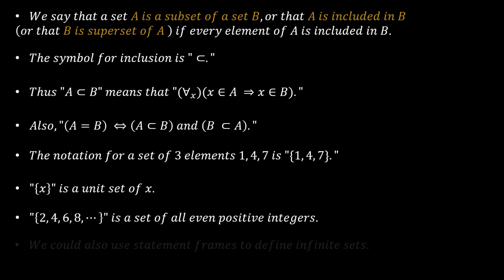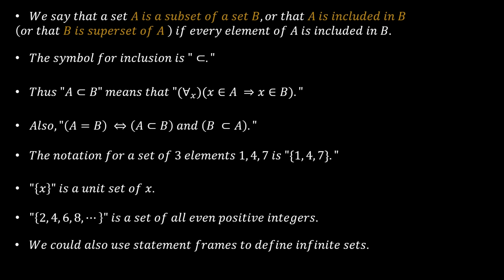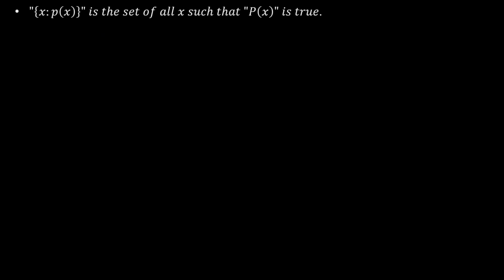Curly brackets around them. We could also use statement frames to define infinite sets, and the way we do that is we could say, for x, given x, we have a set for which P(x) is true.